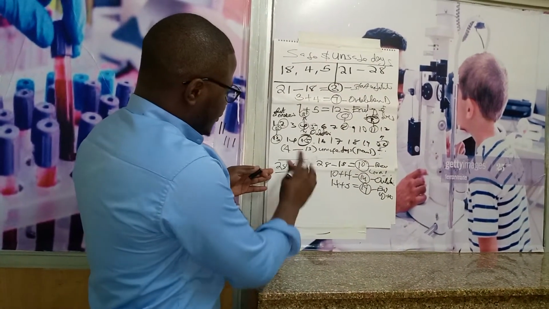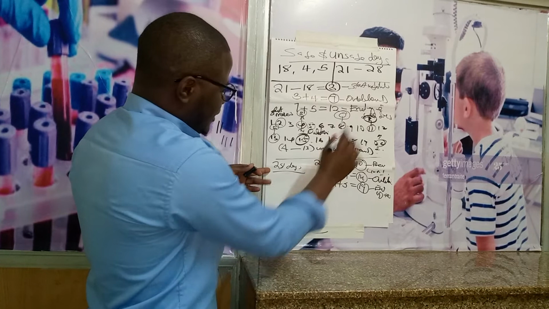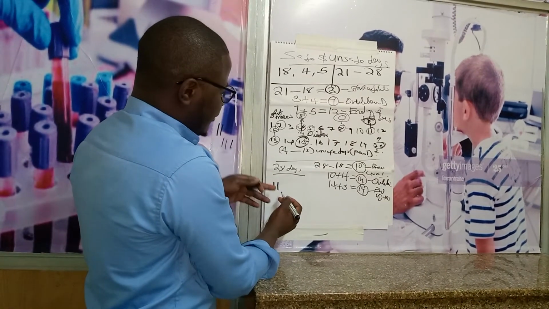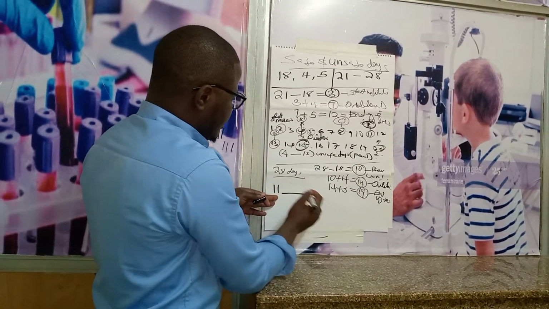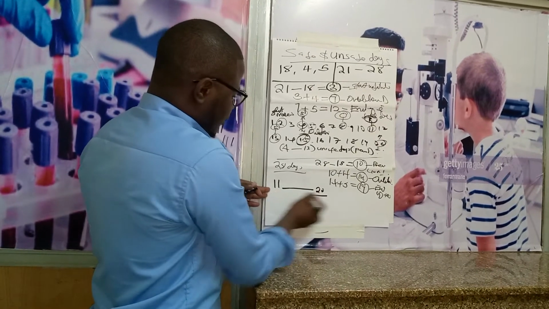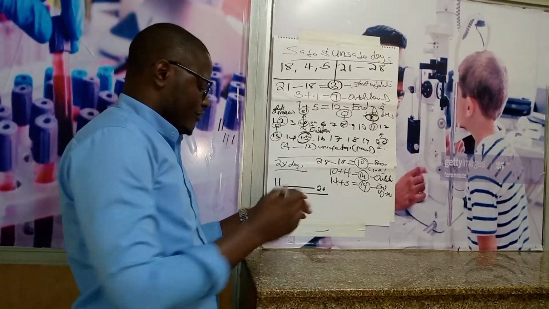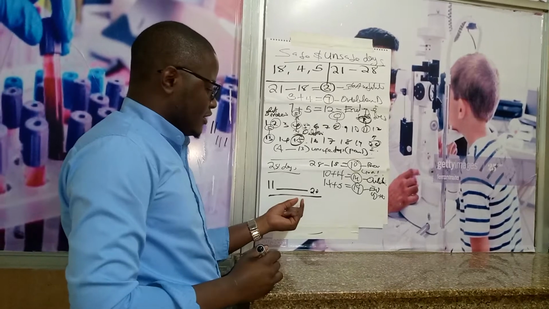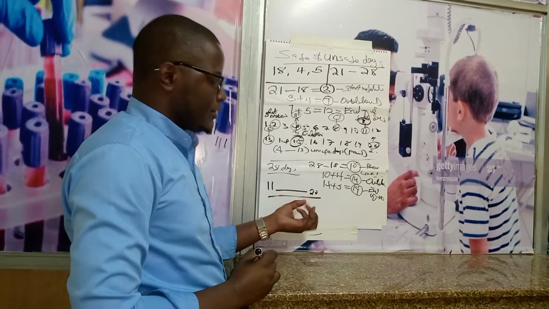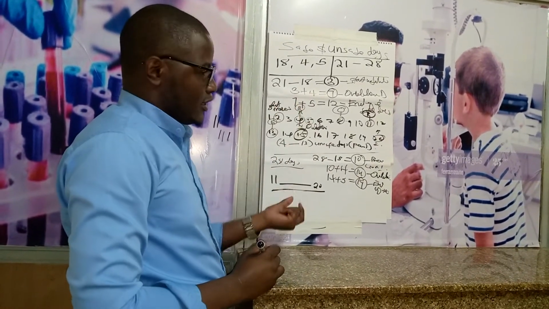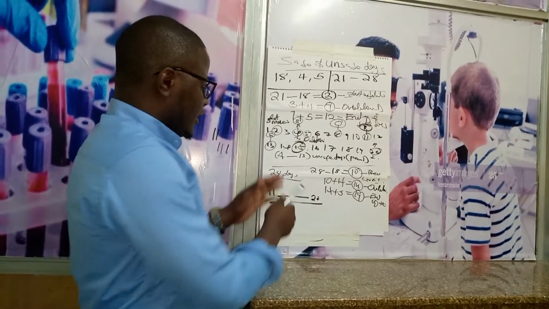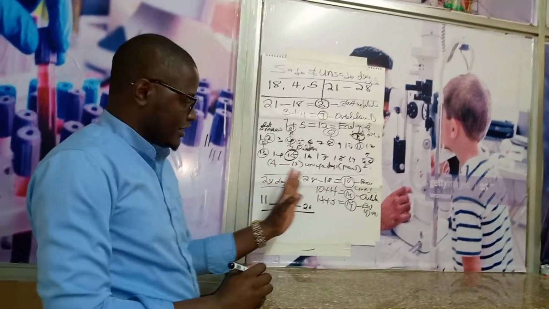So in this case, you realize that if your cycle is 28 days, from date 11 up to date 20 you are very fertile. Or in other words, you can easily get pregnant in this phase. Now, these are the people who are very safe.